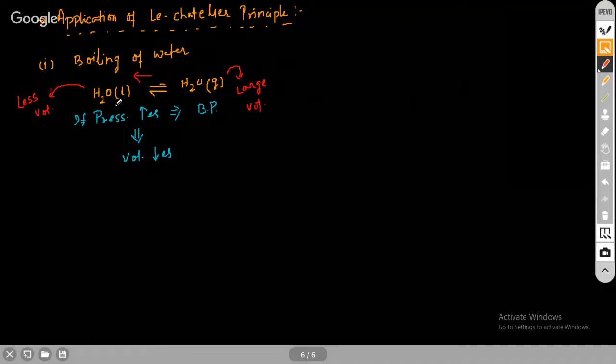Now you just listen to me carefully. At the same condition, liquid is not converting into gas, but gas is converting into liquid. It means the vaporization or evaporation or boiling of water is difficult over here. If it is easier, then obviously liquid starts converting into gas. But it is not the thing over here. The gas is converting into liquid. It means the boiling is difficult.